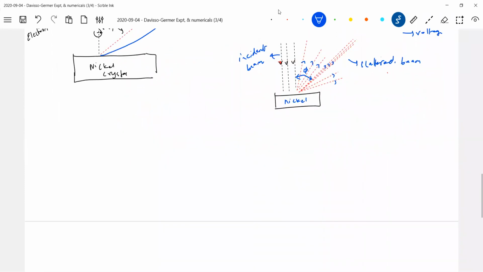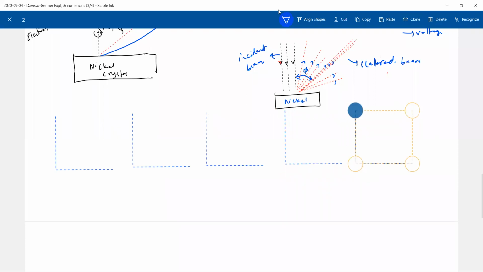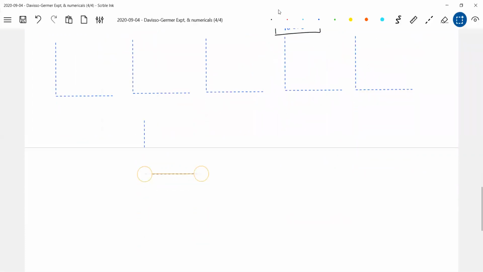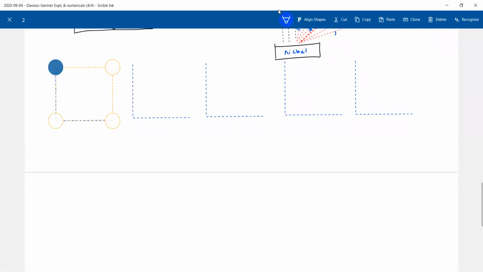So when I plot the same set of graphs for different accelerating voltages, I'll show several graphs here so that it'll be easy for you.